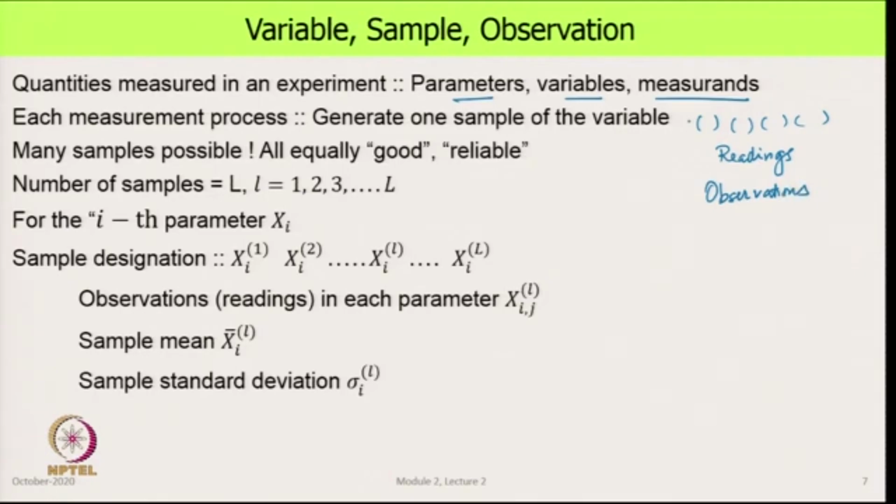And they form a set. This set is called a sample. So, one such set of readings is one sample, or as you will find in literature, even in uncertainty analysis, this is a single sample.